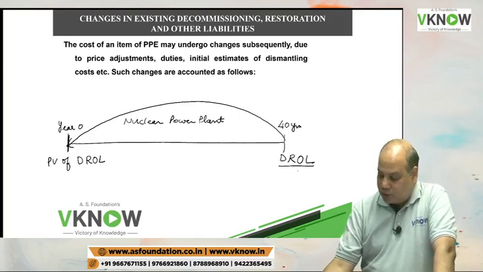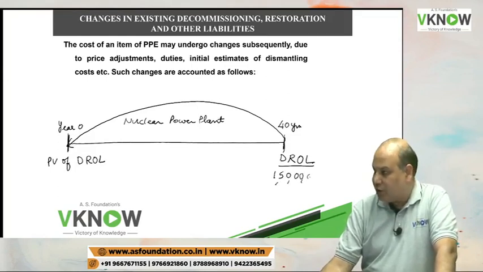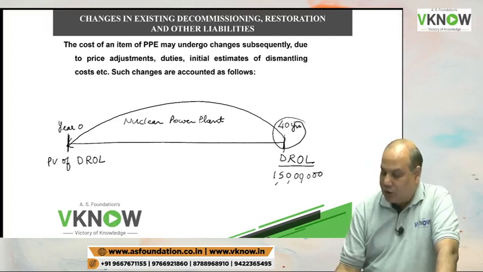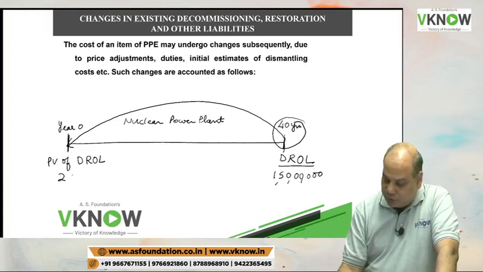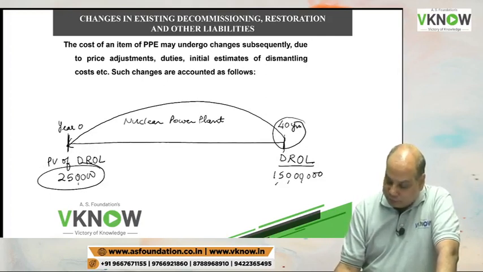I don't know the numbers, but we had estimated something like 1 crore 50 lakh will be incurred in decommissioning after 40 years, and the present value was something around 2 lakh 50,000. There was some question covered 1 or 2 days before.